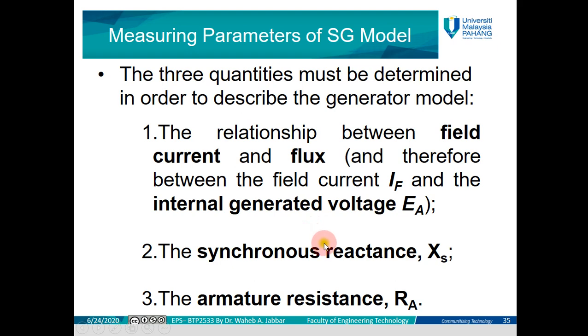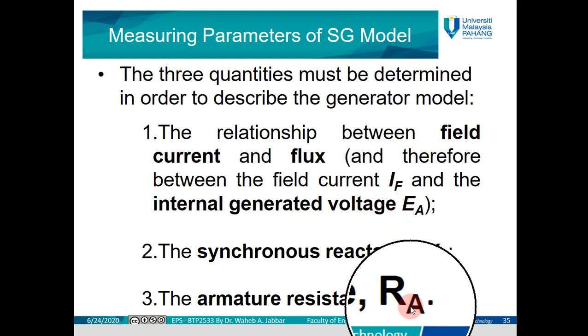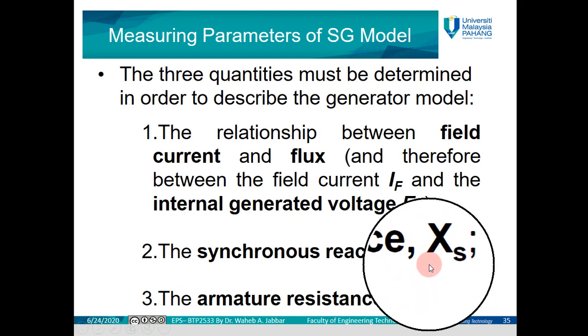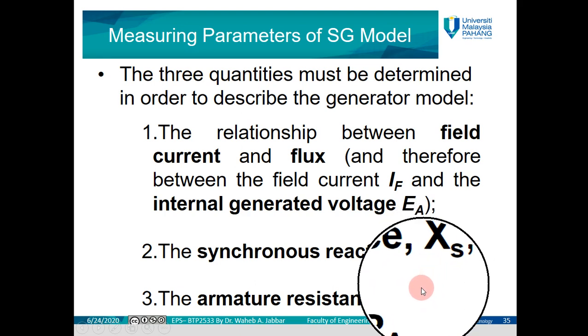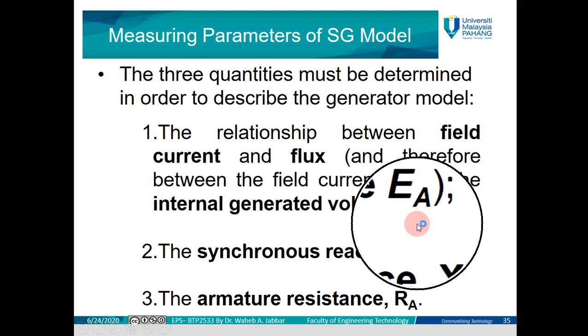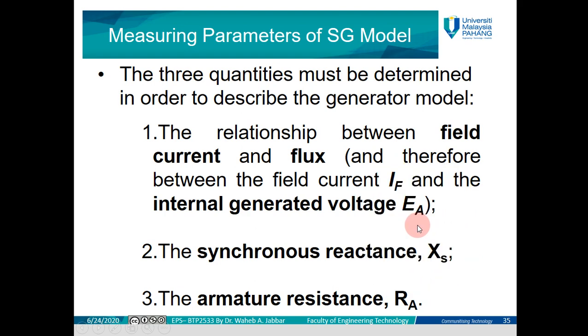Here we have to conduct two tests in order to find the value of E_A, the value of X_S and the value of R_A. R_A is the armature resistance, and X_S is the synchronous reactance, and E_A is the internal generator voltage, or the armature voltage induced in the synchronous generator.